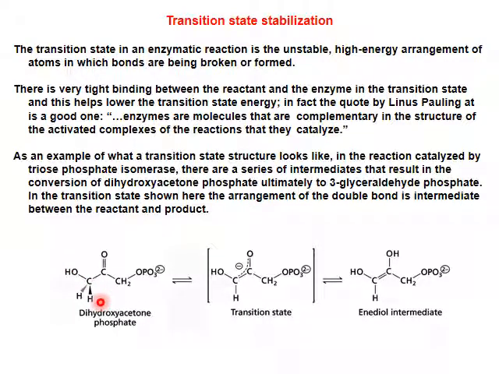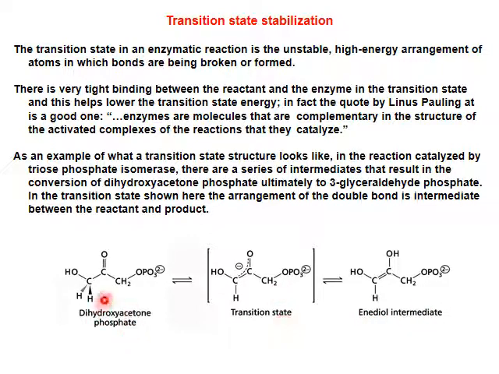And if we look at the transition state that's involved in the reaction of this particular enzyme, in this case triose phosphate isomerase, there is a proton being pulled off of this alpha carbon. There are electrons being dumped in here to basically form a double bond and an OH group that's shown in this enediol intermediate here.